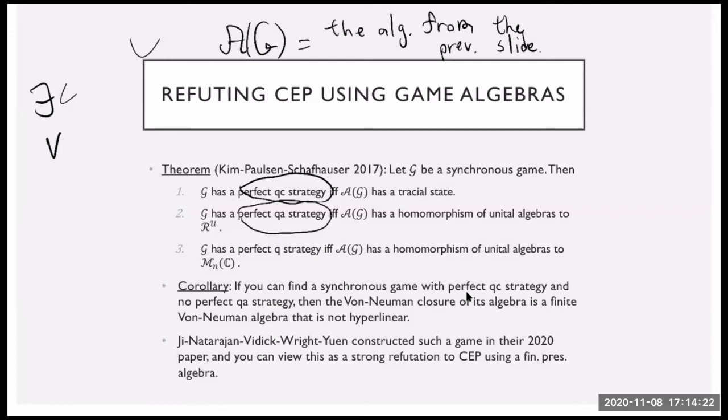Wow, I don't know why my computer is so stuck. Okay, so there is a game which is synchronous. Wow, it's like in the old days you had the chalk that you couldn't hear on.